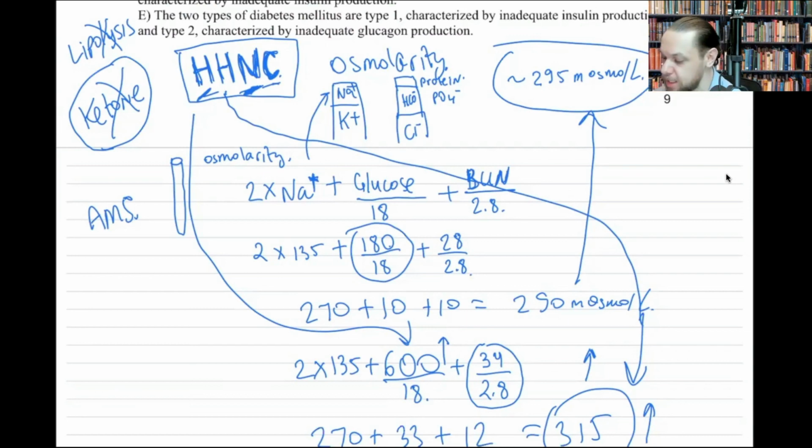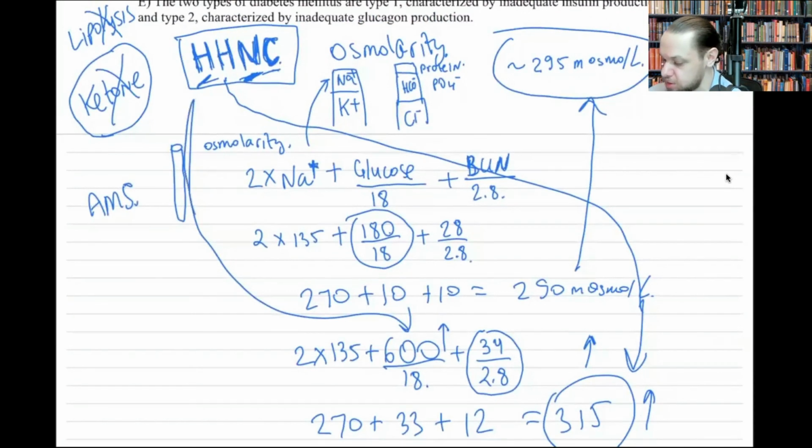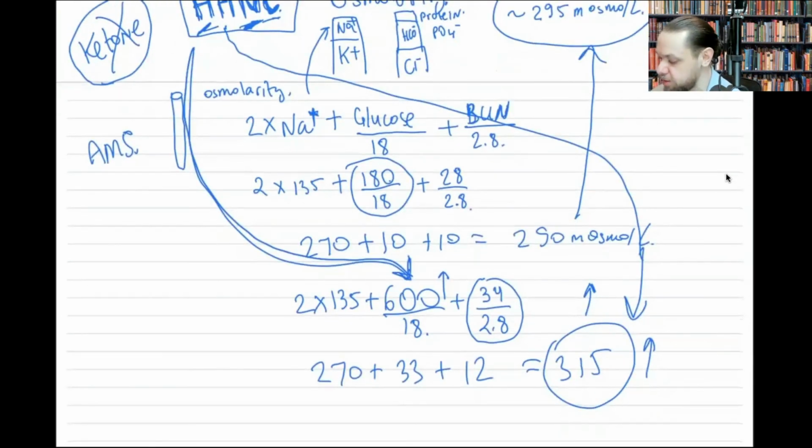The way they get the name is the first, hyperglycemic, comes from high glucose production through breakdown of all the glycogen stores and gluconeogenesis, forming new glucose from non-carbohydrate sources like amino acids, fatty acids. Why is it hyperosmolar? When your sugar goes up and your BUN goes up due to hemoconcentration, your osmolarity goes up based on this formula.